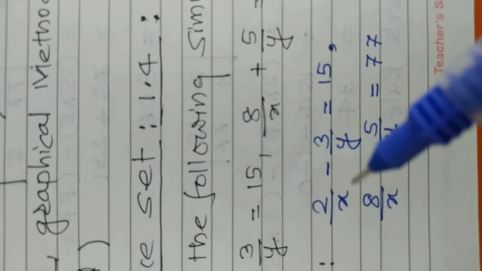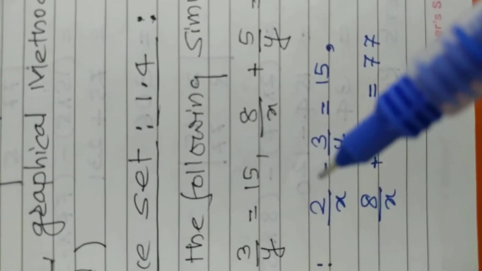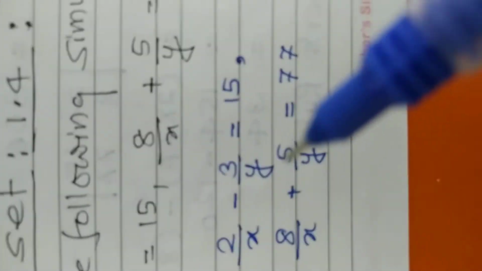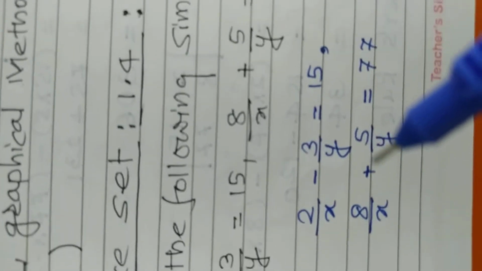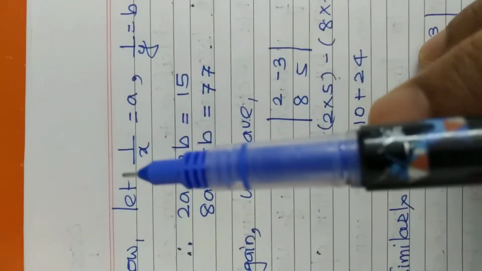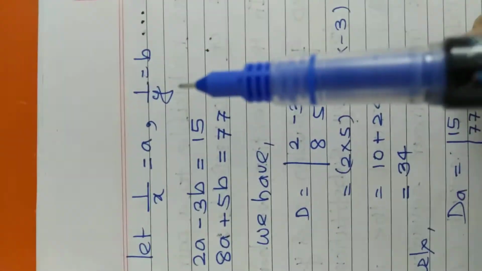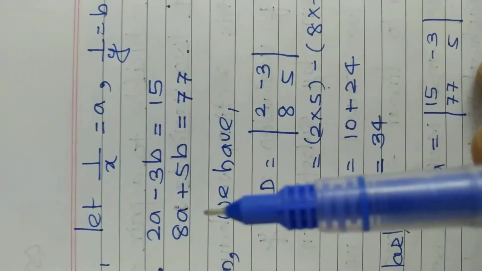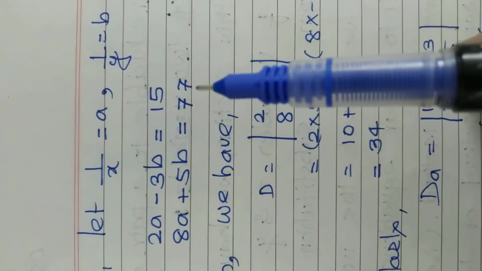So with the help of substitution, we replace 1 upon x by a and 1 upon y by b. So with 1 upon x equals a and 1 upon y equals b, the equations become 2a minus 3b equals 15 and 8a plus 5b equals 77.